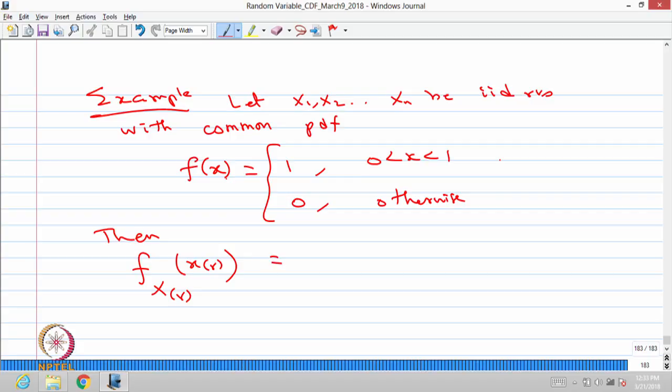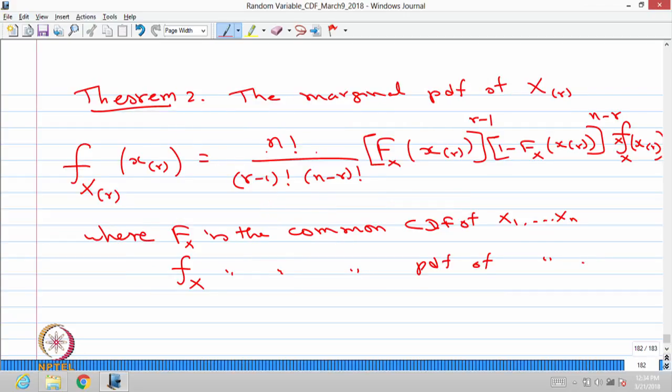That is going to be n factorial divided by (r minus 1) factorial multiplied by (n minus r) factorial, and then you have to substitute the CDF as well as the probability density function.